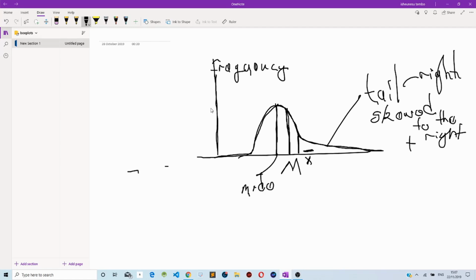In this case, if our graph is skewed to the right, the mean is going to be greater than the median, which is going to be greater than the mode.